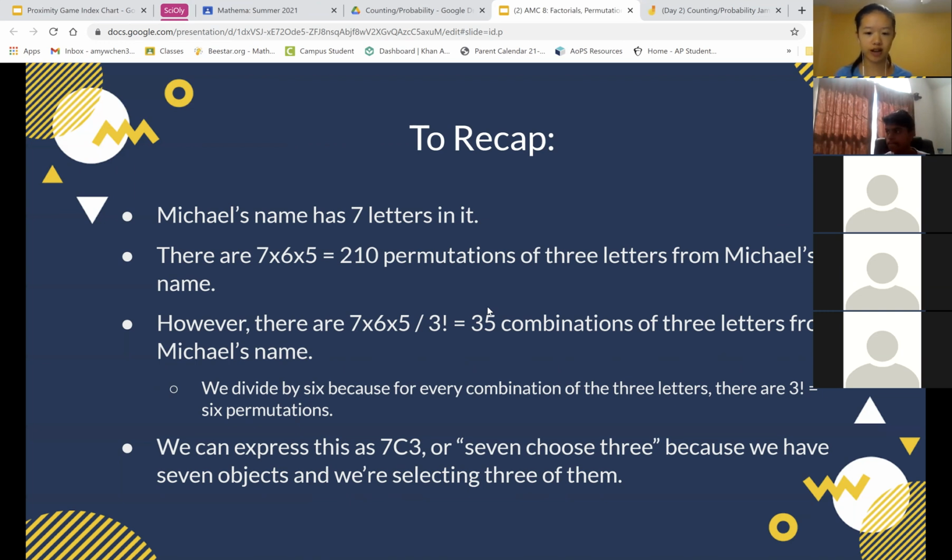We divided by 3 factorial because for every combination of 3 letters, there are actually 3 factorial, or 6, permutations. So we have to divide out those permutations to get to the combinations. We can call this 7C3, or 7 choose 3, because we have 7 objects, which are the letters in Michael's name, and we're selecting 3 of them.